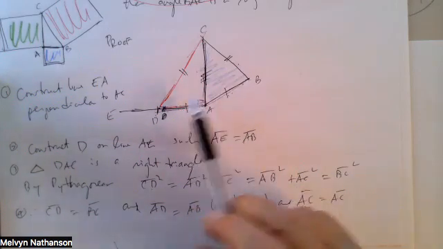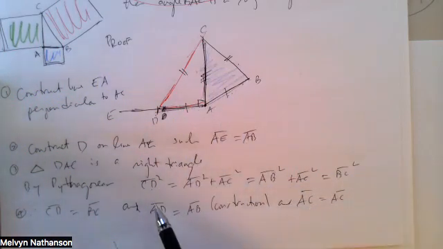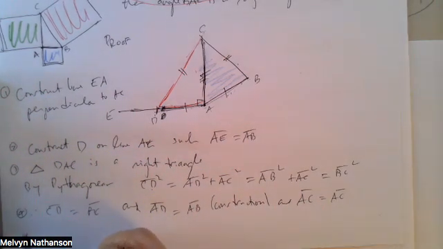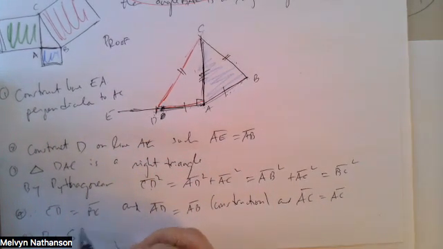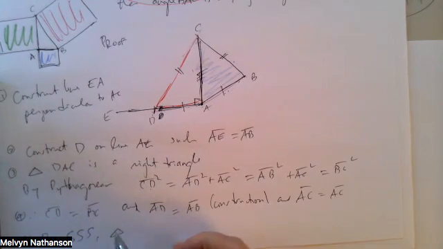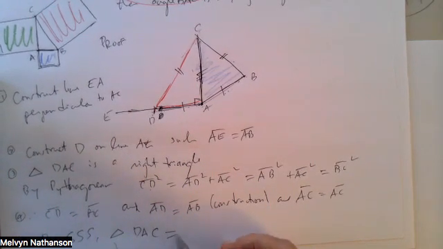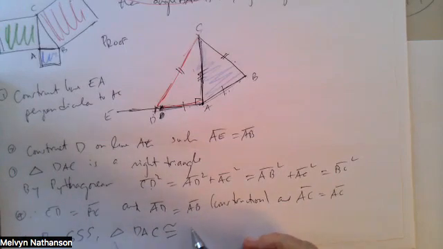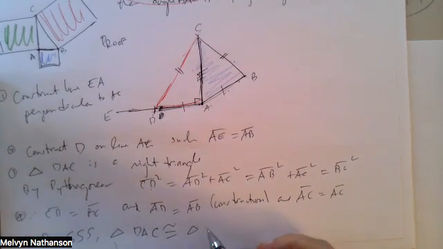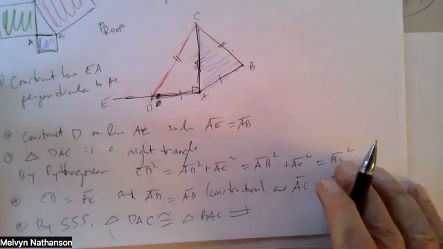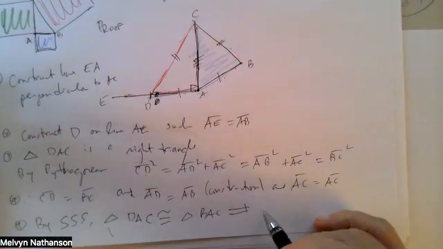So if you compare these two triangles, corresponding sides are equal. So by side, side, side, triangle DAC is congruent to triangle BAC, which means corresponding angles are equal.